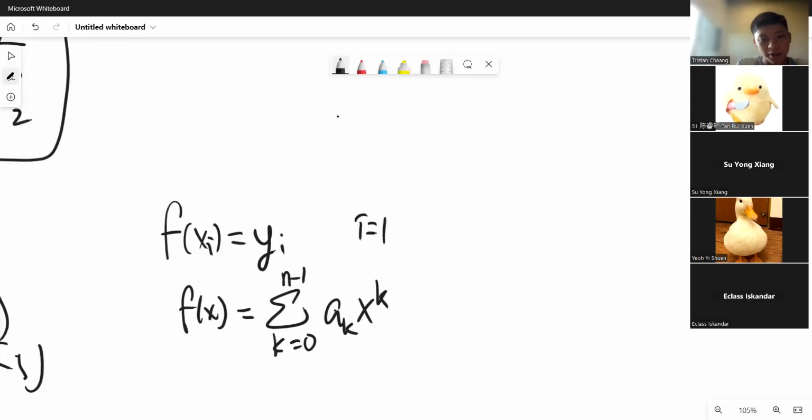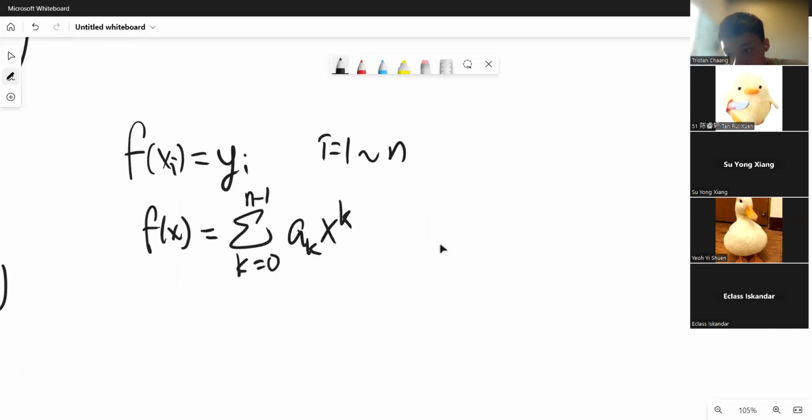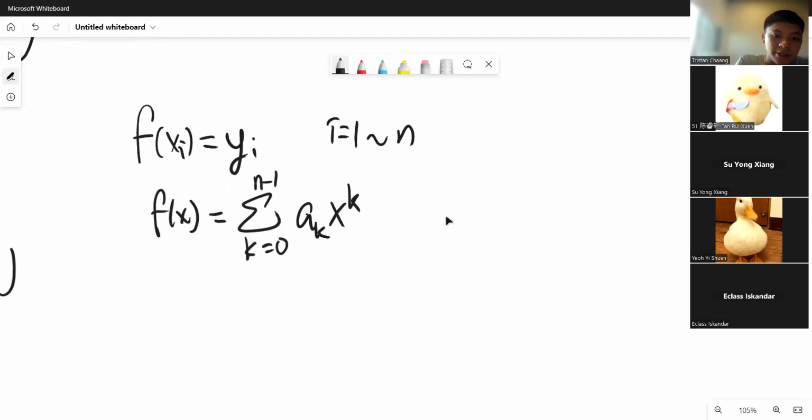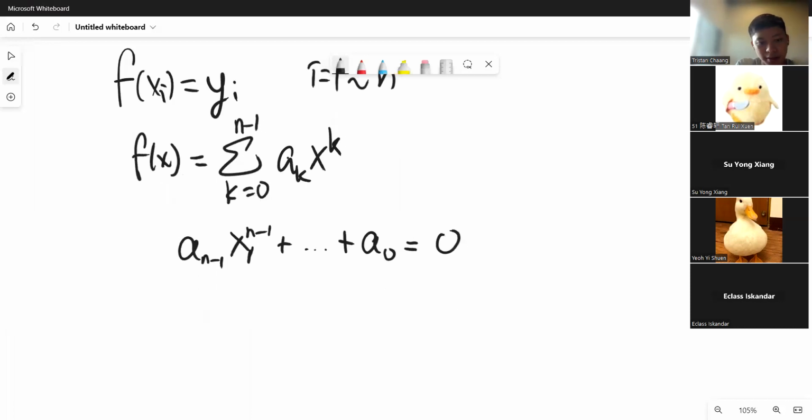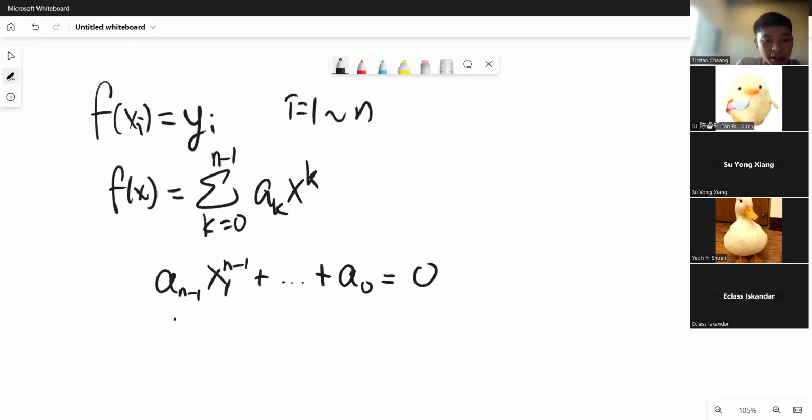So you can put in a_(n-1) x1 to the n minus 1 plus dot dot dot plus a_0 equals 0. And a_(n-1) x2 to the n minus 1 plus dot dot dot plus a_0 equals 0.